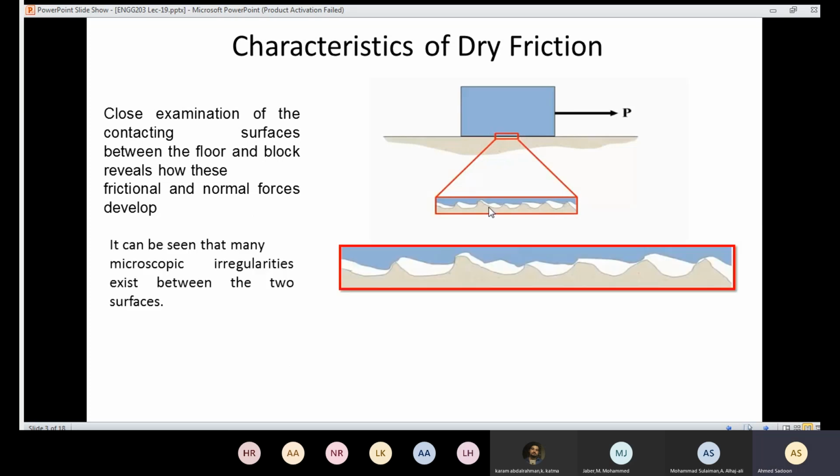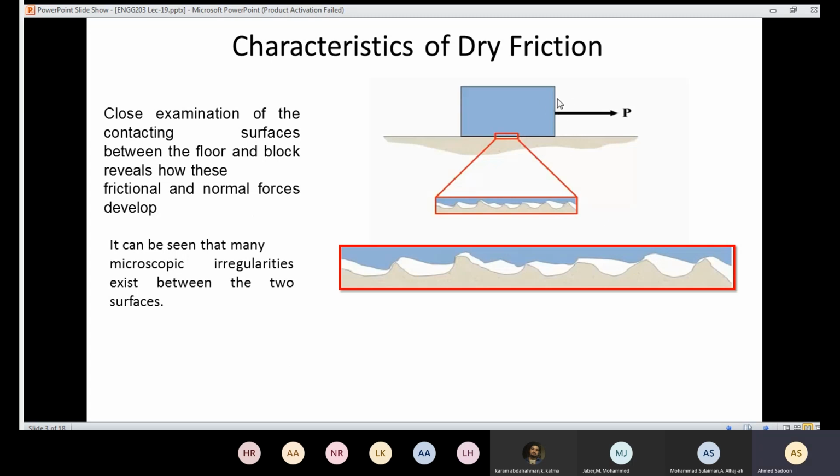Then we are going to see irregularities between the two surfaces, between the block and the floor, like that.